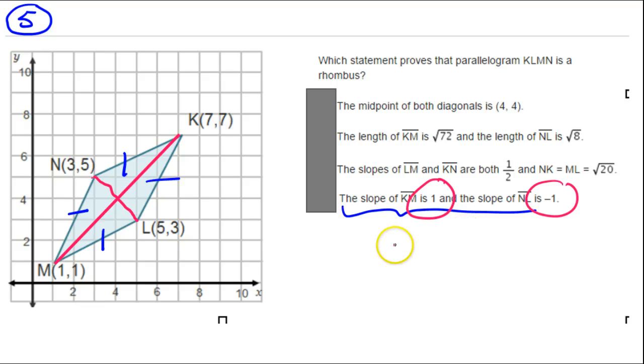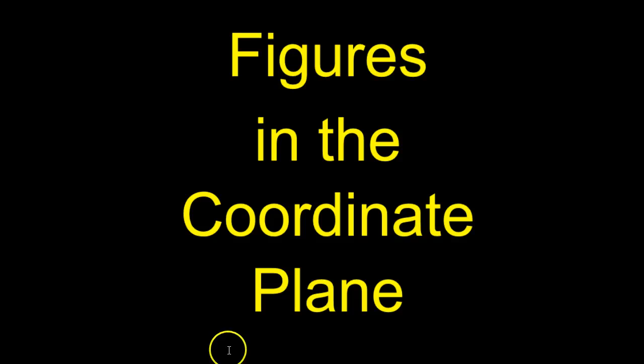Well, in a previous lesson, we learned that slopes can tell you whether or not 2 lines are perpendicular. And let's go to the blackboard for a second. All right, here's what we learned. If we want to know that 2 lines are perpendicular, they will be perpendicular only if their slopes are opposite and reciprocal.